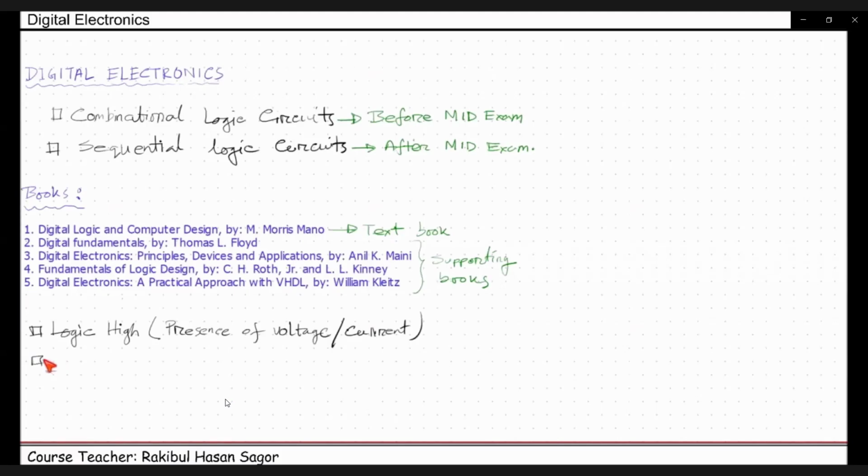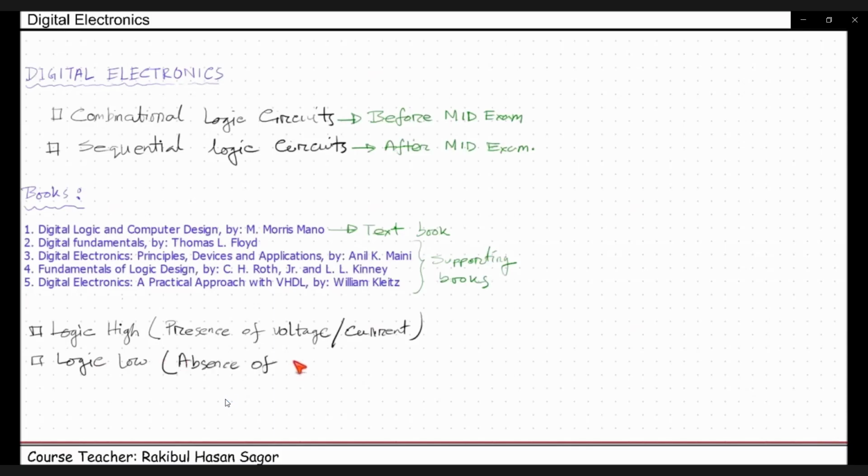Another state is logic low. If we convert it in terms of our electrical engineering methods, then this logic low says its absence of voltage.